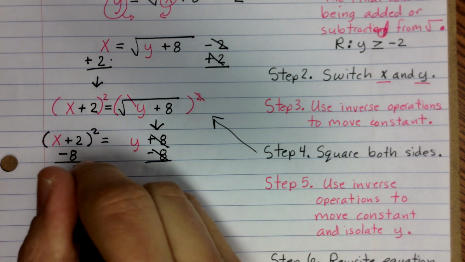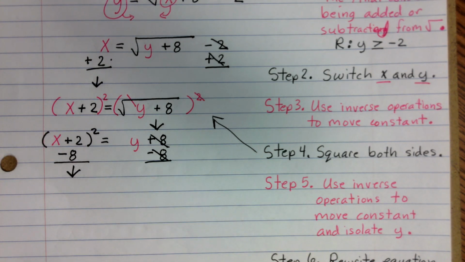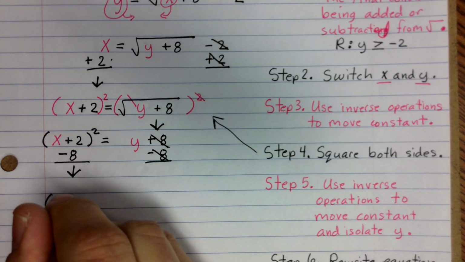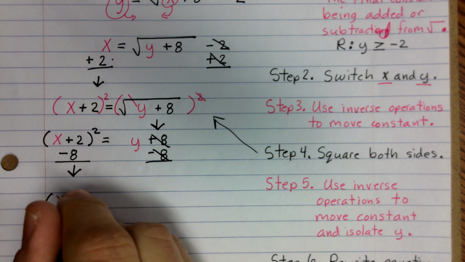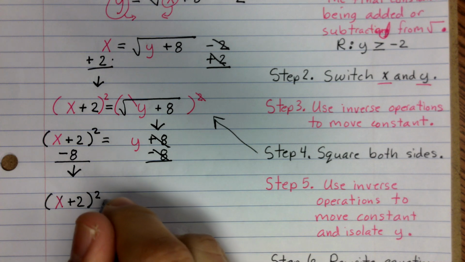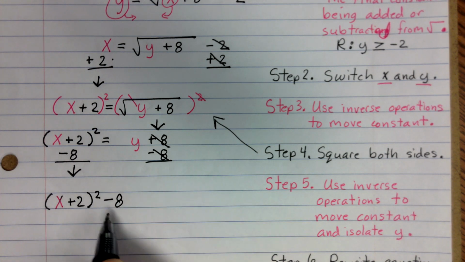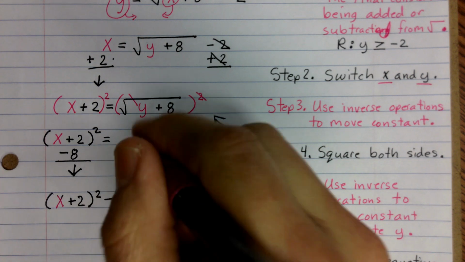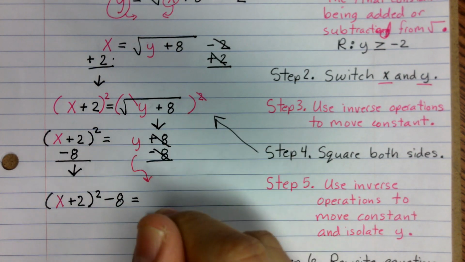So let's rewrite it. So currently what we have here is x plus 2 squared minus 8, because we can't subtract this 8 from the 2. Because this is being squared, you would have to do that exponent first, take care of it. And this is simply equal to y.